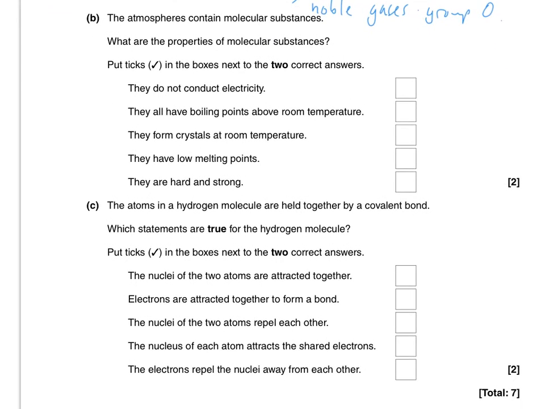Next, the atmospheres contain molecular substances. What are the properties of molecular substances? Put ticks in the boxes next to the 2 correct answers. So, molecules. Alright, things like carbon dioxide molecule, hydrogen gas, oxygen gas, water, etc. Okay, so do not conduct electricity.